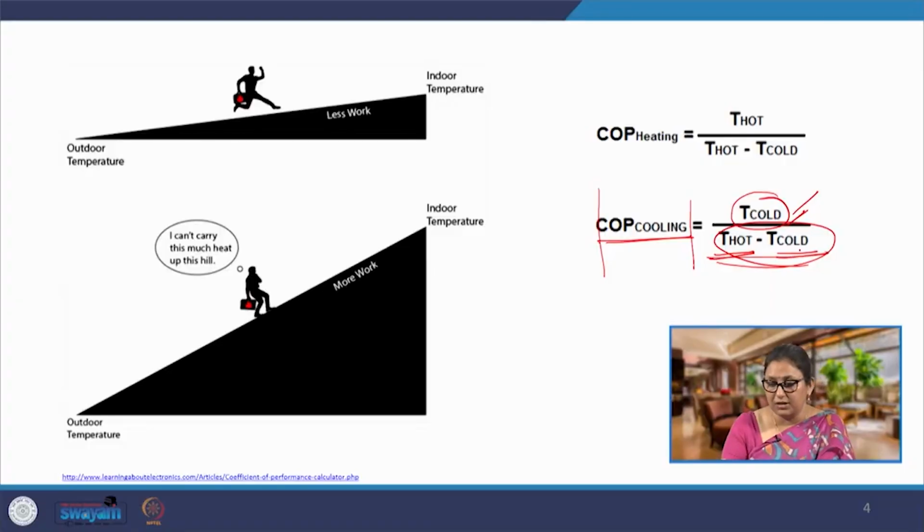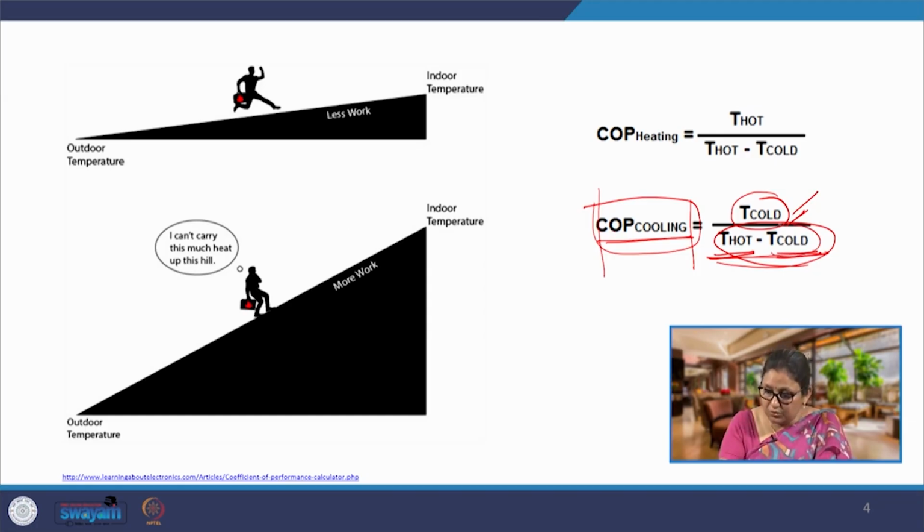This is for COP. In case we are asked to check the set point temperatures, we cannot change the cooling degree days and heating degree days, they remain the same. We can only change the set point of the system. So, depending upon the set point of the system, with the help of this formula, we can arrive at the COP and then calculate the energy savings.